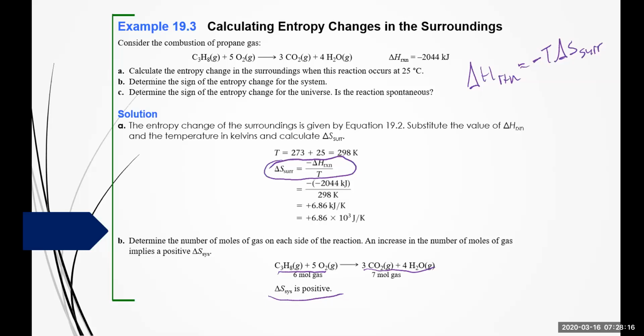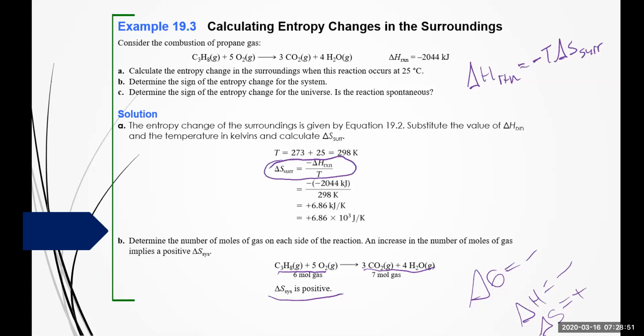And so it's asking us, is our delta G negative? Now we know what our delta H is, and we don't know what our delta S is yet, but we do know that if delta H is negative and delta S is positive, is there ever a situation where we're not going to be a spontaneous reaction?